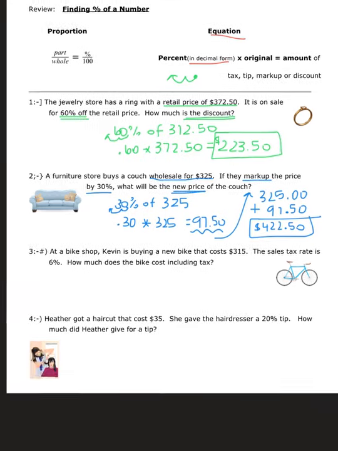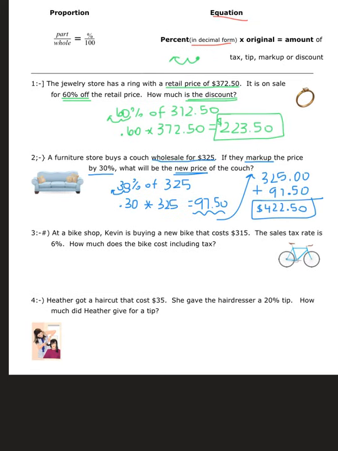Now moving along to number 3, it says, a bicycle shop, Kevin, is buying a new bike that costs $315. The sales tax rate is 6%. How much does the bike cost including the tax? So we will take the 6% of 315. We need to change our percent to a decimal.